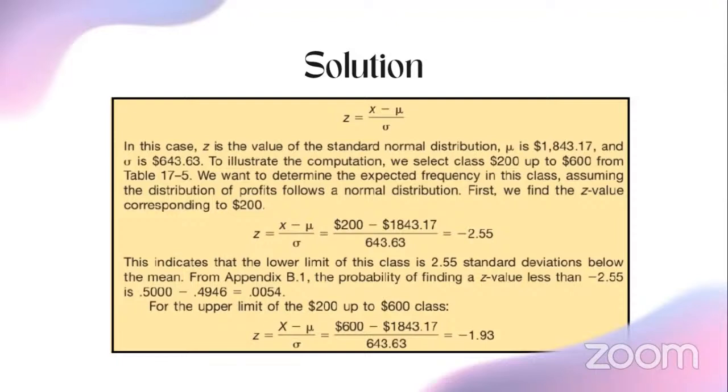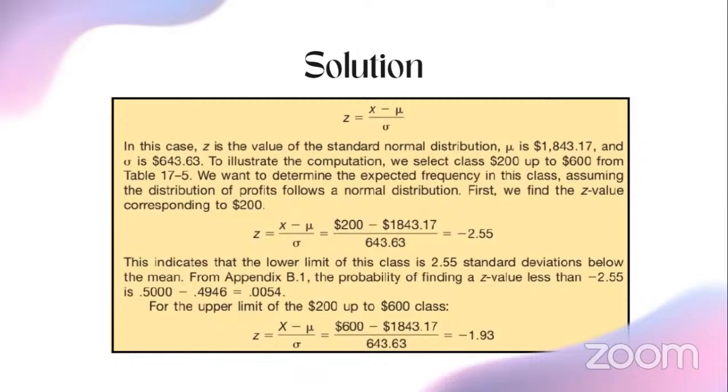To illustrate the computation, we select the class $200 up to $600 from table 17.5. We want to determine the expected frequencies in the class, assuming the distribution of profits follows a normal distribution.